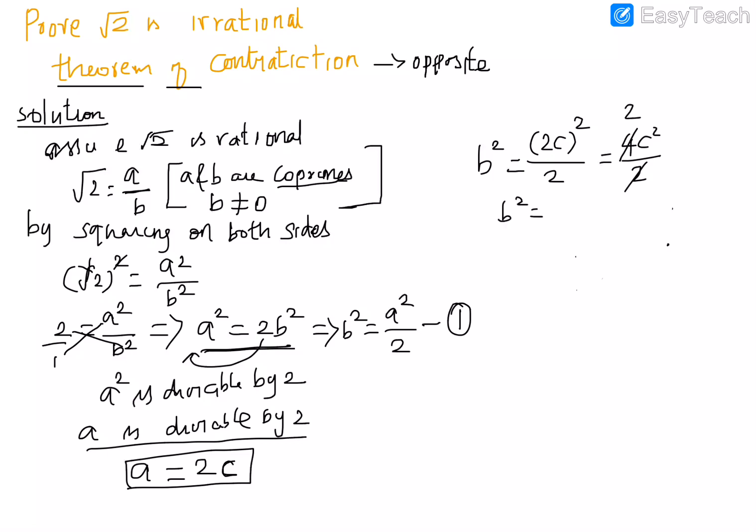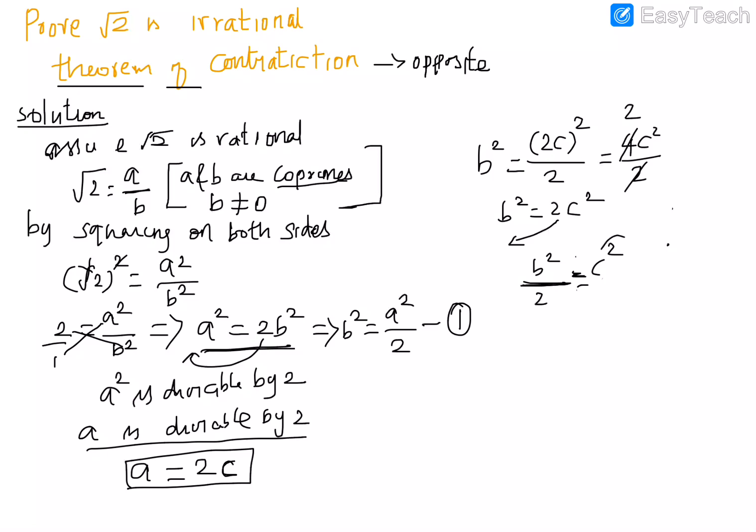So now we get b square equals 2c square, right? I'm going to take 2 to the other side. So b square by 2 equals c square. So that means b square is divisible by 2.